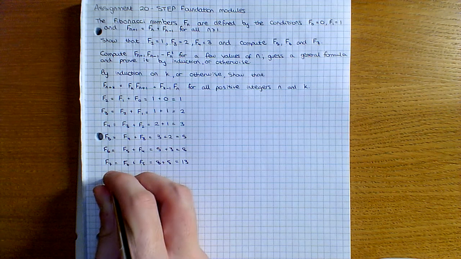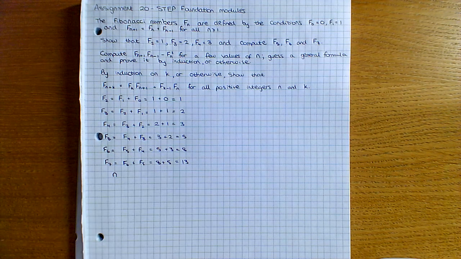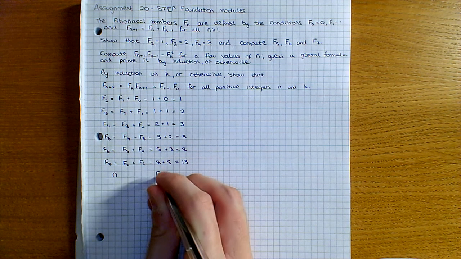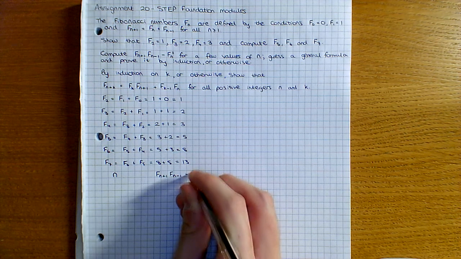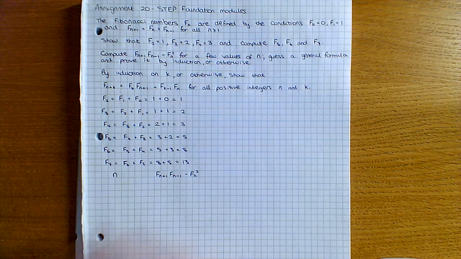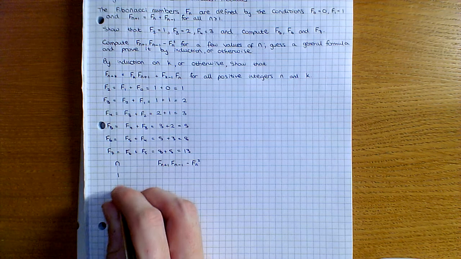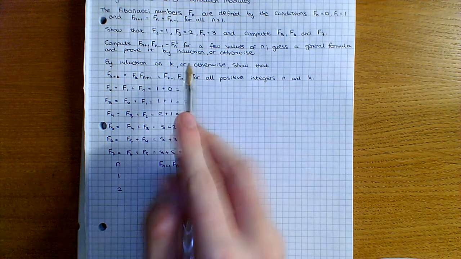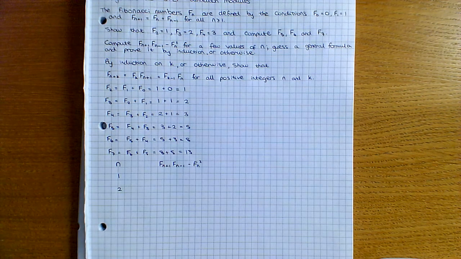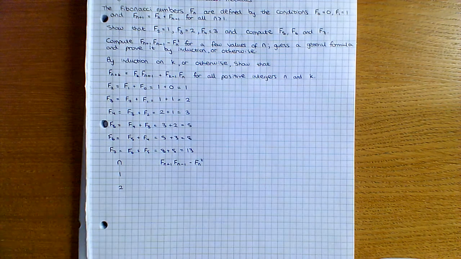I'll have some value of n, and then some corresponding value of Fn plus 1 times Fn minus 1 minus Fn squared. It doesn't specify how many values of n we need to calculate this for, and so what that tells me is that basically we calculate it for as many values as you need to be able to guess a general formula.